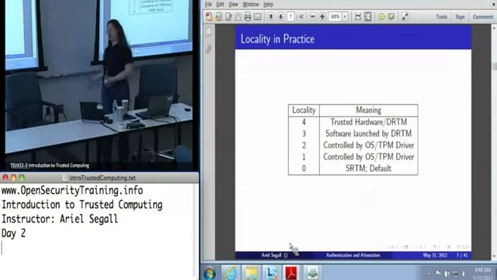When we go into that CPU secure mode, we automatically go into locality 4. So locality 4 is by far the most reliable and specified of these, because it really has to do with the CPU's operation. We run a specific command, we go into locality 4, it passes control, we go into locality 3. Locality 3 is that software that we provided to the DRTM.